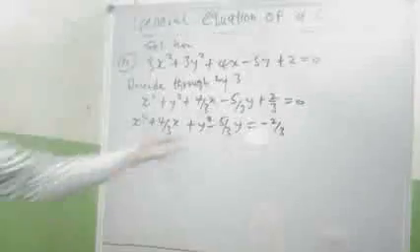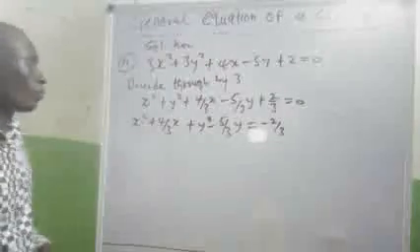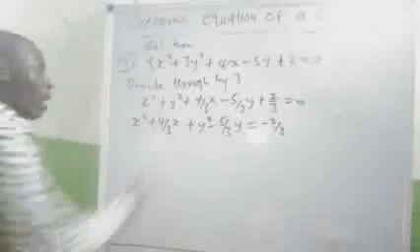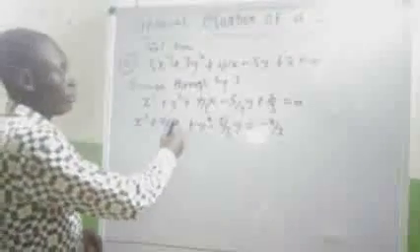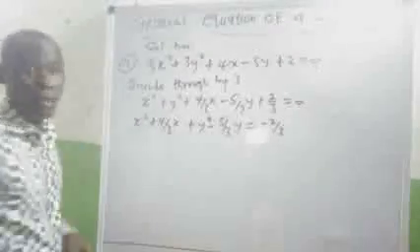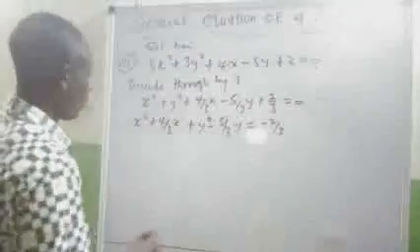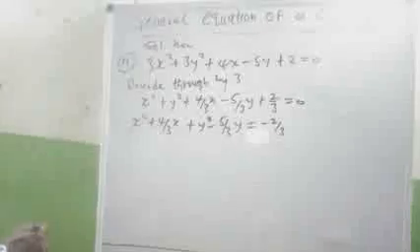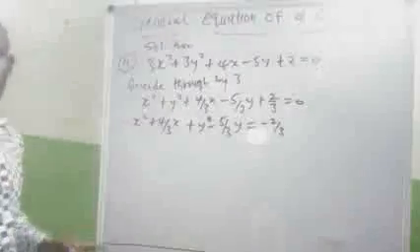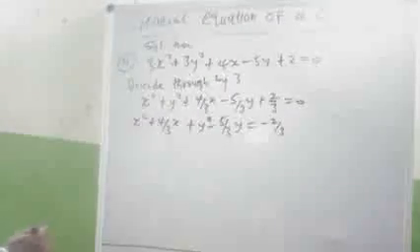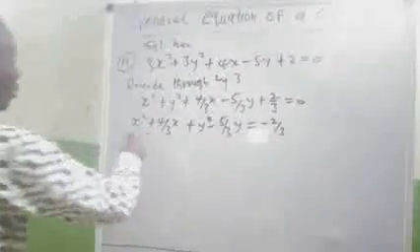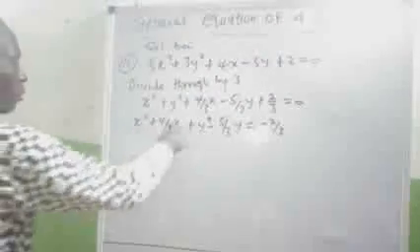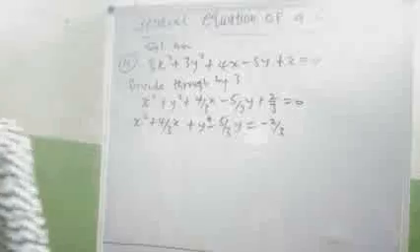So the next thing is to add a number that will make it a perfect square. Don't forget the formula we used before. B squared is equals to 4ac. So if you use that formula very well, this is your B, this is your A, plus what you are adding to make it C.